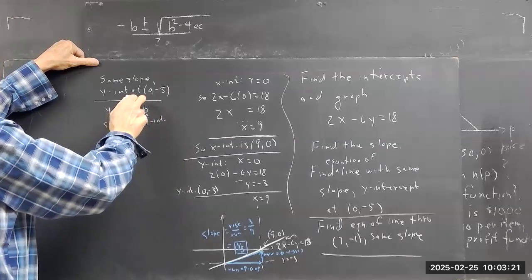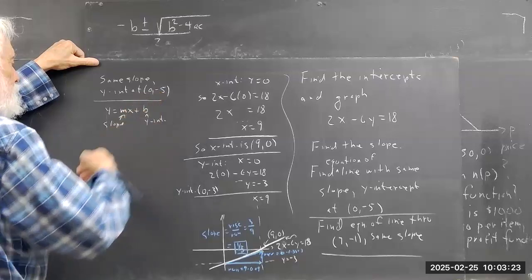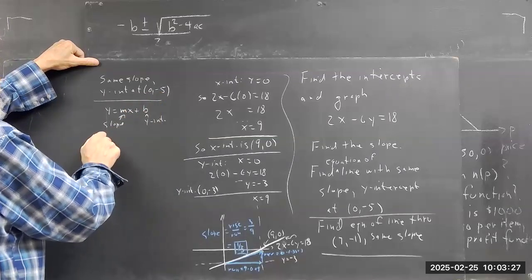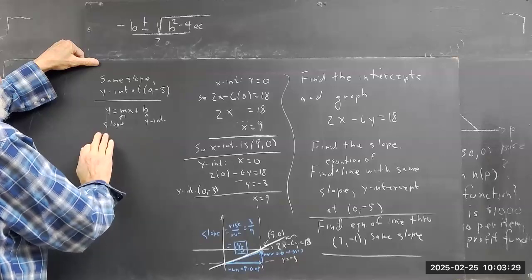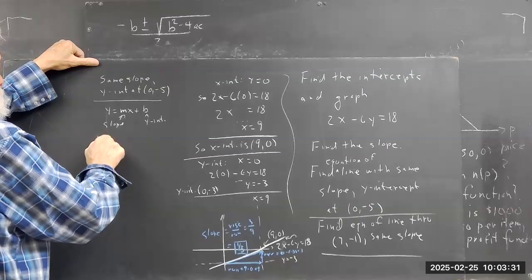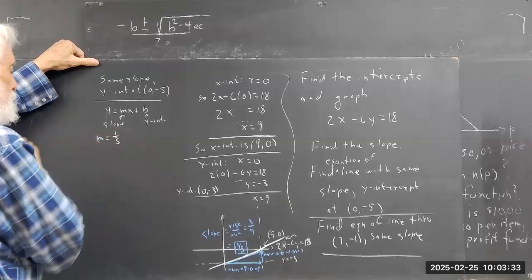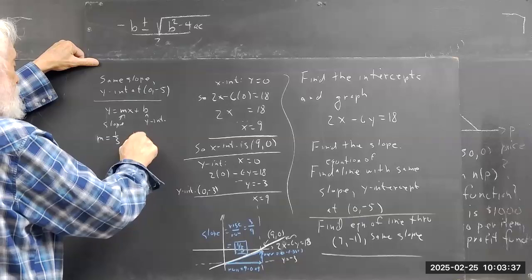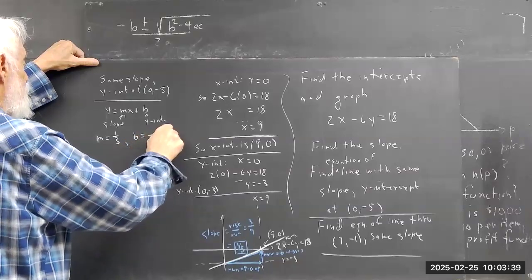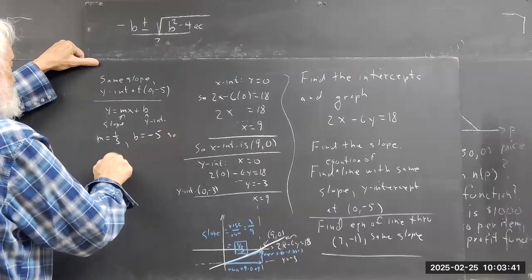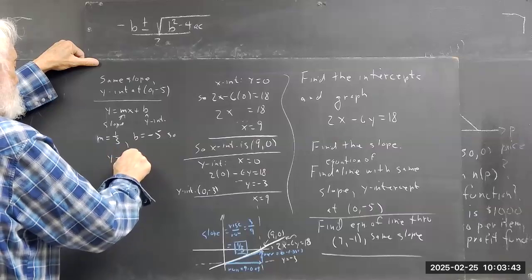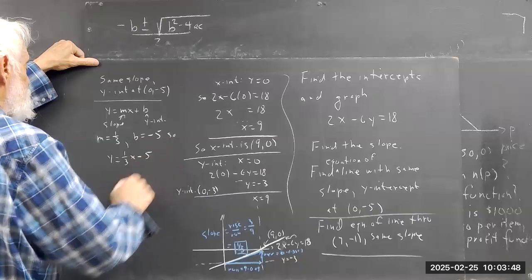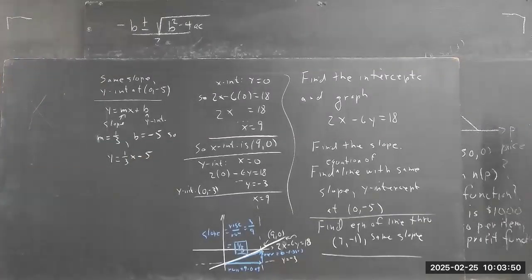So we see that if the y-intercept is at the point (0, -5), b is -5. m is 1/3. Okay. And now b is -5. So y is 1/3 x plus -5, and of course that'll just come out as minus 5.